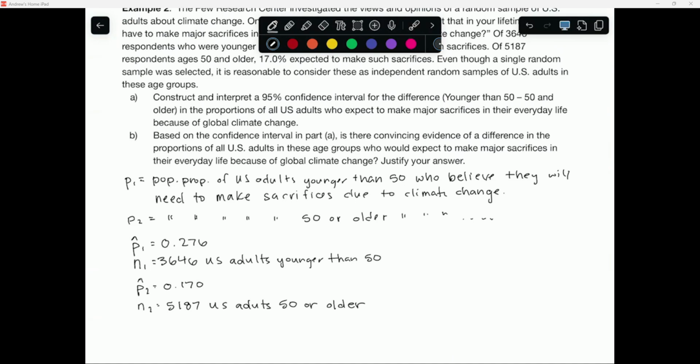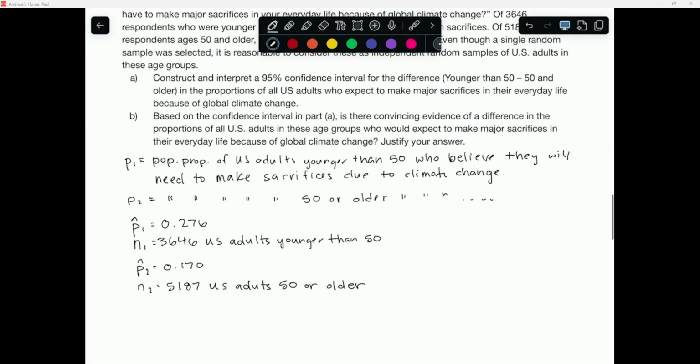First, when I use my calculator function, I want a number of successes instead of a proportion, so I'm going to calculate x here. That's also going to help me make my large counts check. And I'm going to calculate my critical value, and to do that, I need to jot down my confidence level. CL is 95%, so 0.95.